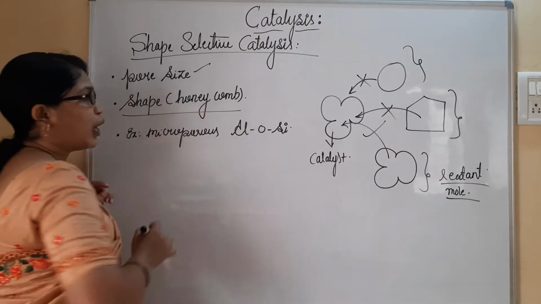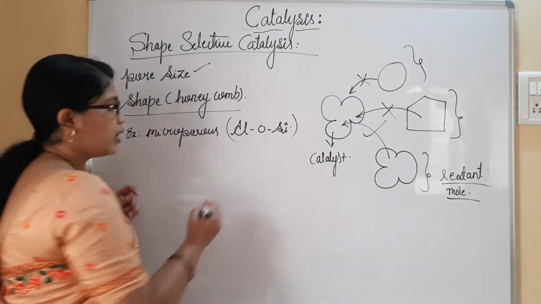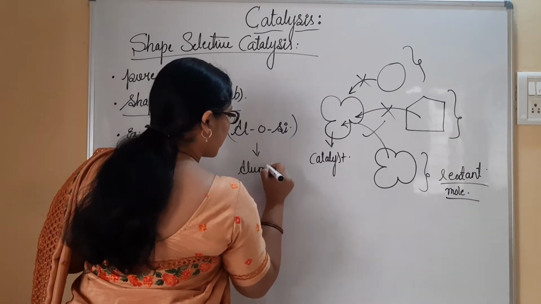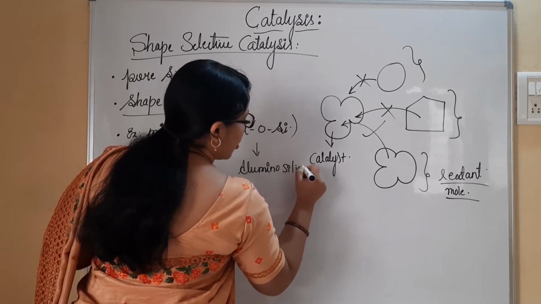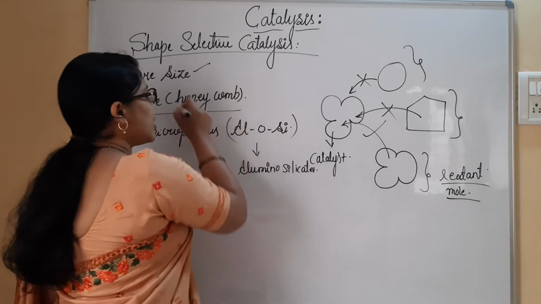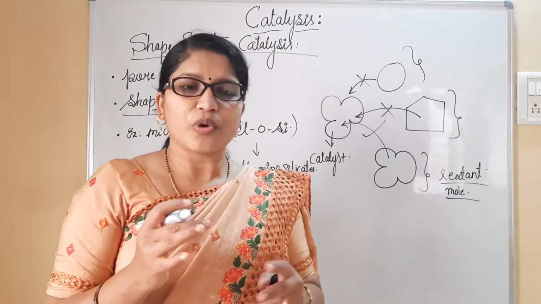An example is aluminosilicates, which I have mentioned here with Al-O-Si bonding. These aluminosilicates have linkage the same as a honeycomb type of linkage. You might have seen a honeycomb, no?